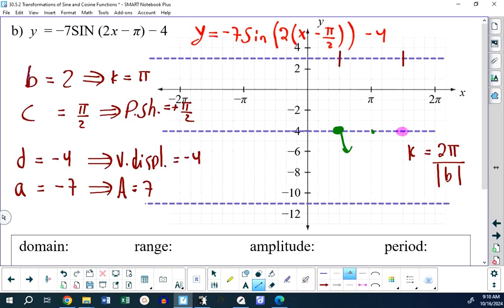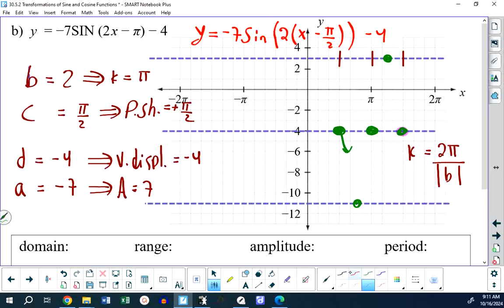I know that it's going to be easy to break it into half, which means that it will be starting here, getting back to this point, and then back to this point at the end. And again, it's going to go down, up, down. It has to go down to a point halfway in between those 2 points, and it has to go up to a point halfway between these 2 points. So that's the series of points that we have to do our best to draw the smooth curve through.